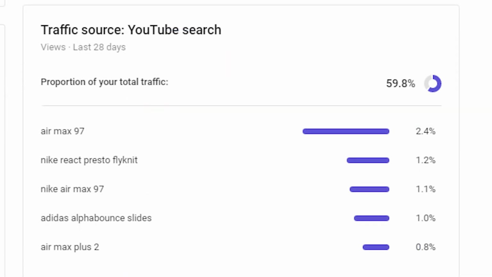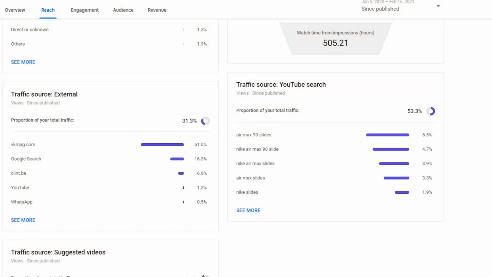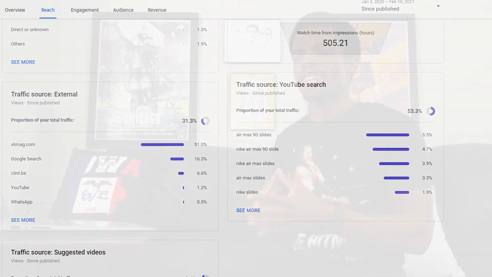So when you look at the sites, that's saying, okay, these are external sites that are linking traffic to you. In the case of last year when I did that video about the 90 slides and that Netherlands site linked to it, I saw that in there, right? If you post a lot of your stuff on Facebook, you'll probably see Facebook in there.